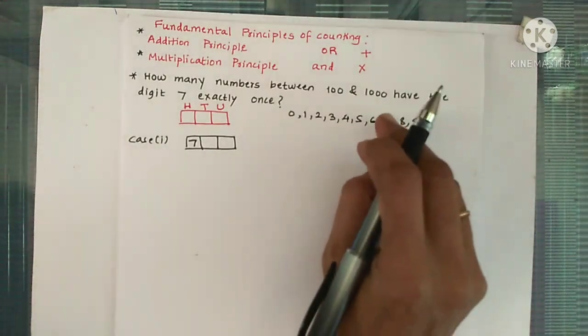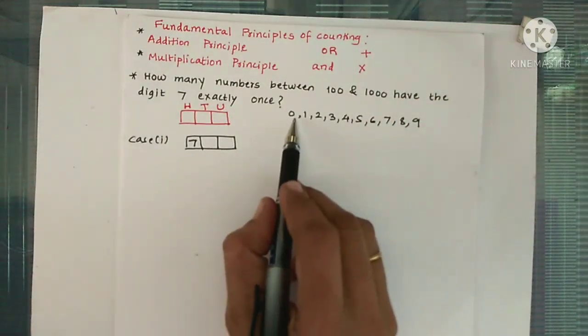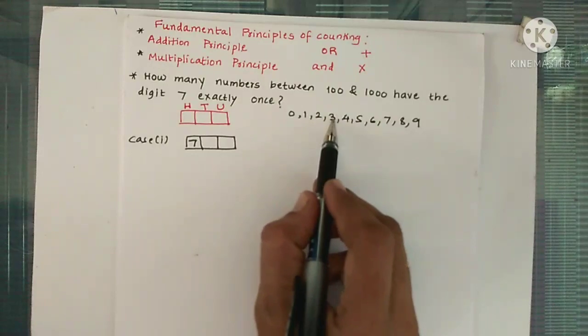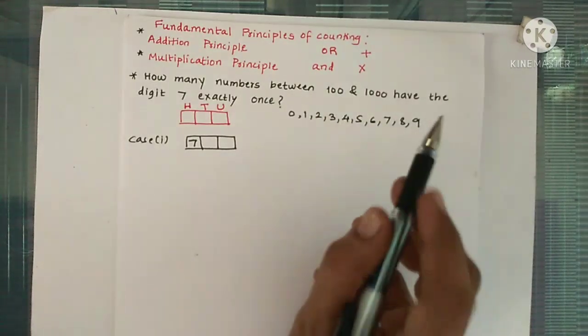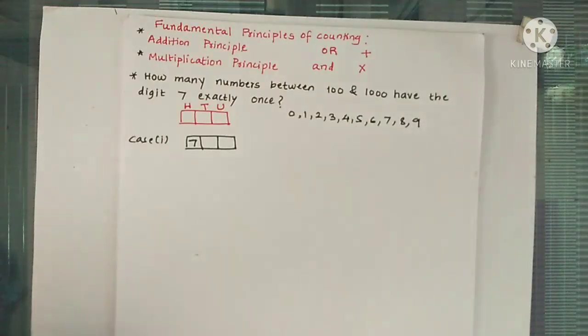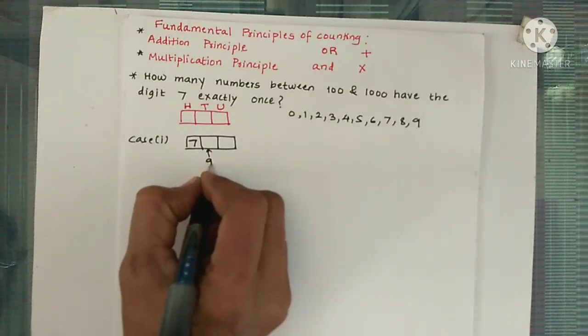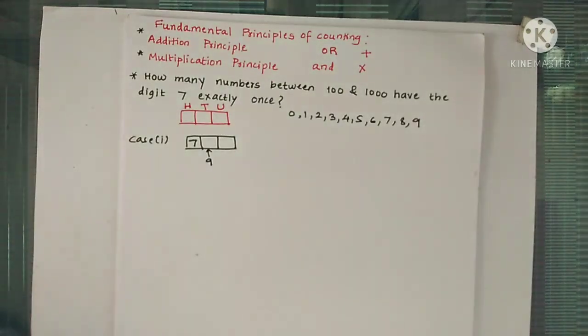So 7 can't be used for the next one. So the remaining number of digits are 9 now: 0, 1, 2, 3, 4, 5, 6, 8 and 9. So we cannot use 7.